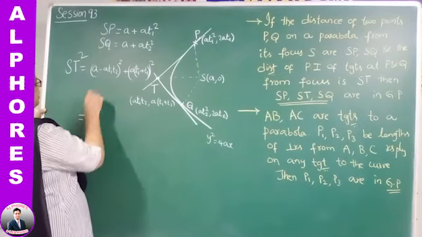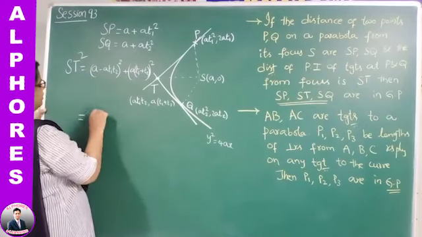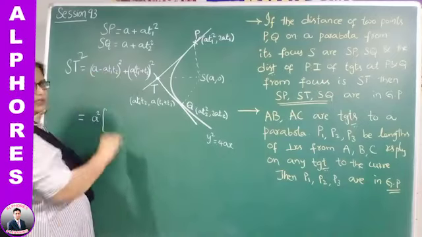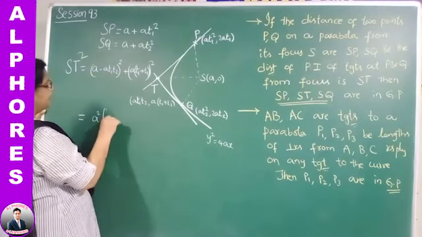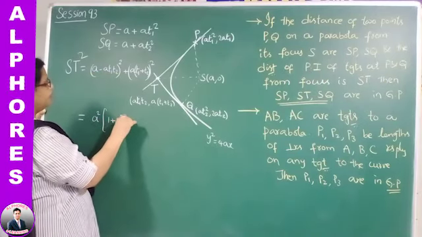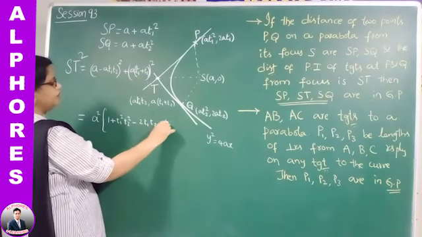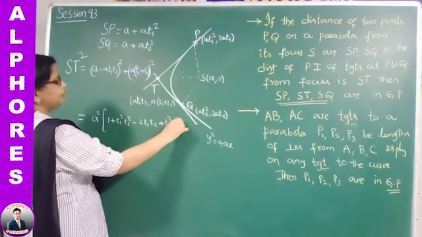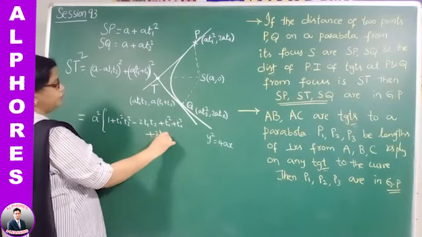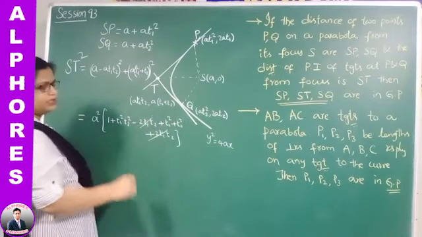Now if I take a square common from the entire thing, it is 1 minus t1 t2 whole square, which expands to 1 plus t1 square t2 square minus 2 t1 t2, plus t1 square plus t2 square plus 2 t1 t2. Let's cancel these two values.